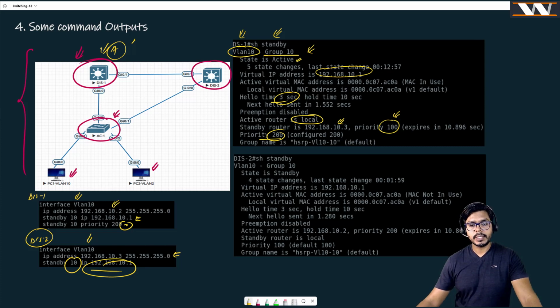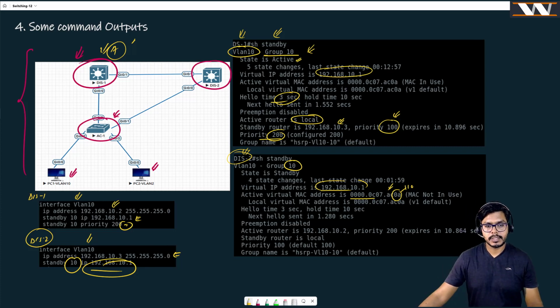If I talk about HSRP properties on distribution 2, of course group 10, right? This is my virtual IP address, and I forgot to mention about the MAC address. This is the MAC address. 0A represents the group number 10, right? And everything else is self-explanatory.